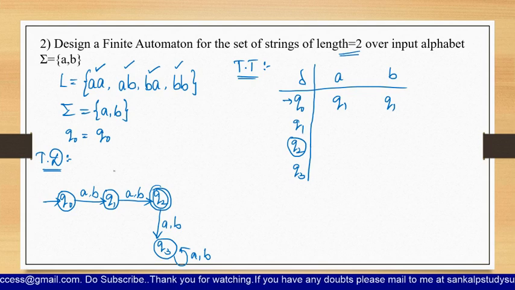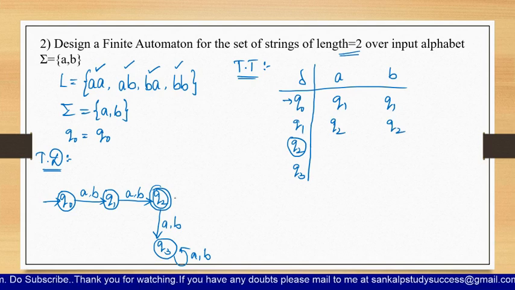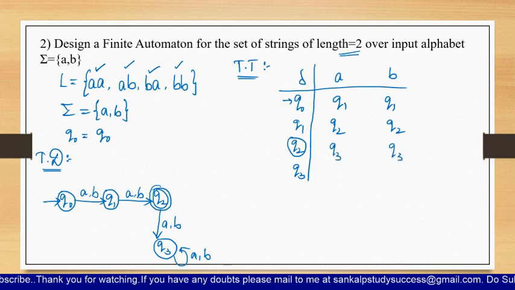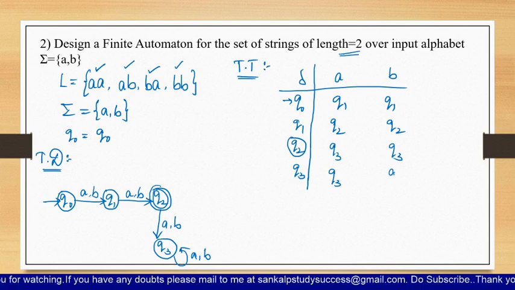If we apply A to Q1, then it is moving to Q2, and also if you apply B to Q1, it is moving to Q2. Then by applying A to Q2 or B to Q2, again it is moving to Q3. So if you apply A and B to Q3, then it is moving to Q3 only, because we have a self loop on Q3.